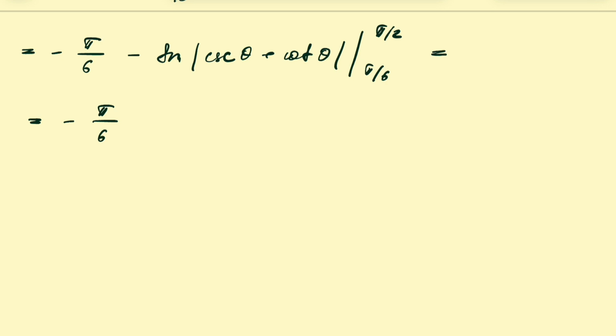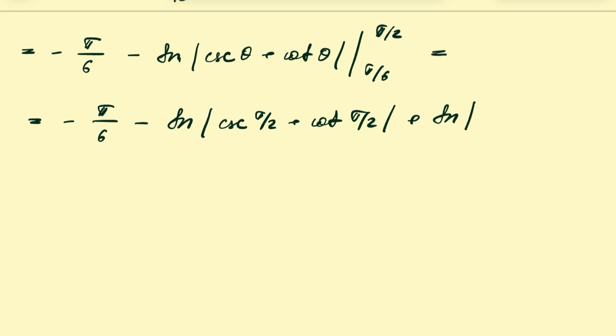And all that remains is to put the boundaries and get a final answer. For this we again write minus pi over 6 minus, first we have ln of cosecant of pi over 2 plus cotangent of pi over 2 and minus ln of this thing, which will turn into a plus ln of cosecant of pi over 6 plus cotangent of pi over 6.